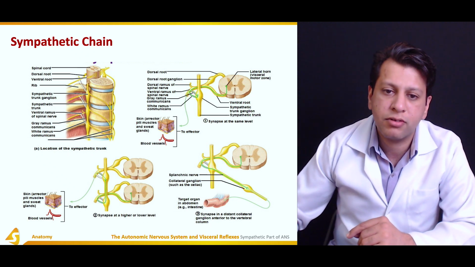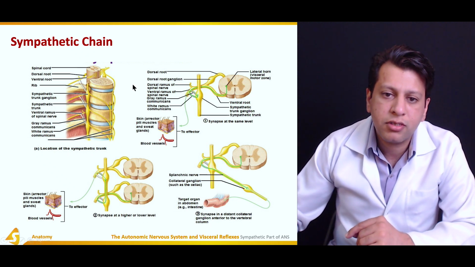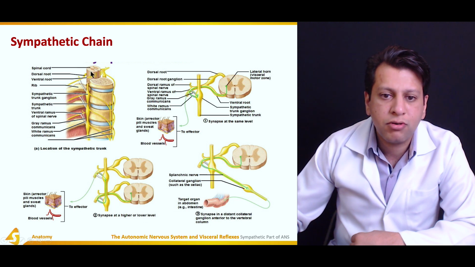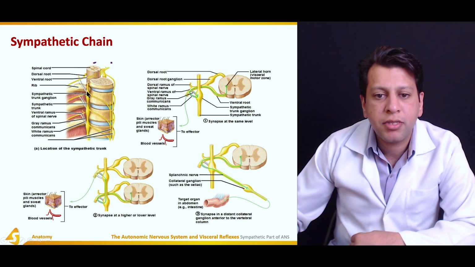the sympathetic part of the nervous system. As you can appreciate over here, this is the vertebral column, these are the vertebrae, these are vertebral discs, this is the spinal cord which is lying inside. There will be fibers coming in from the top, there will be synapses over here in the lateral horn. From there onward they arise and come out, and this is the paravertebral sympathetic chain.